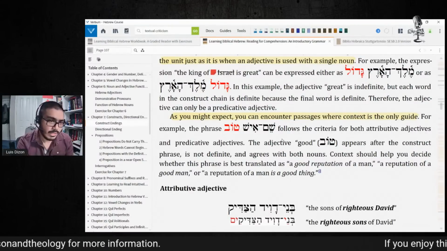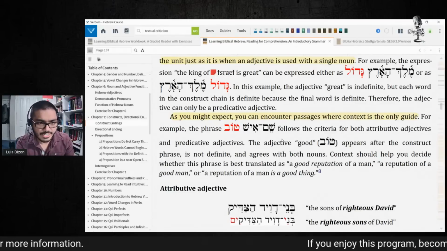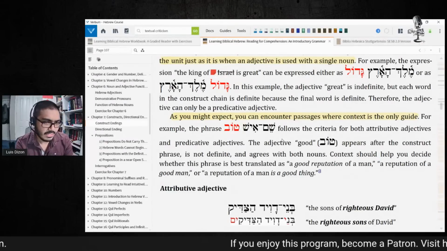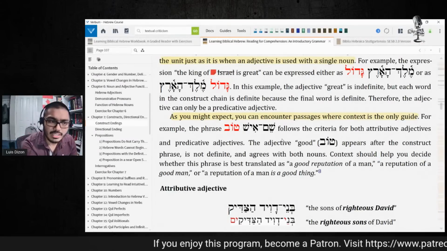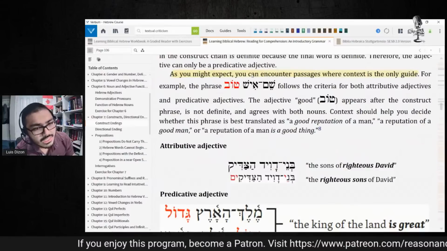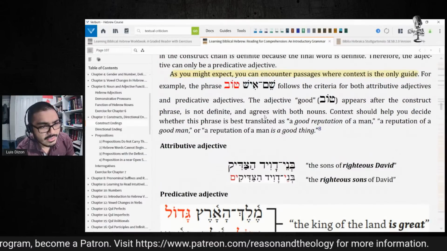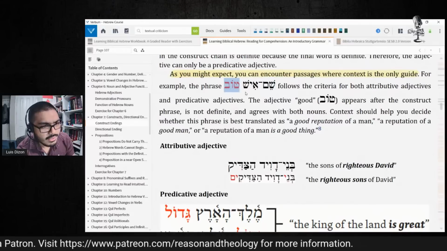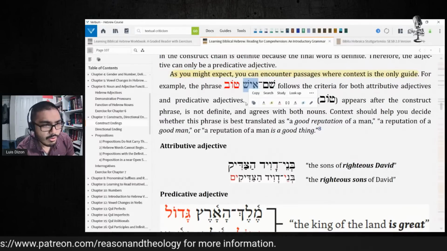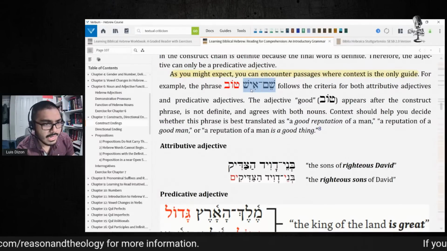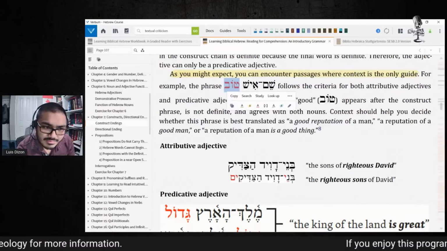There are a number of ways that you can translate the same phrase. For example, we have Shem Ish Tov. This could be the name of a good man, or it could be the good name of a man, or it could be the name of a man is good.